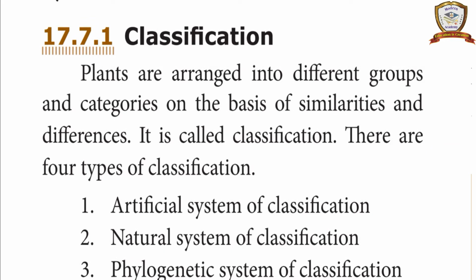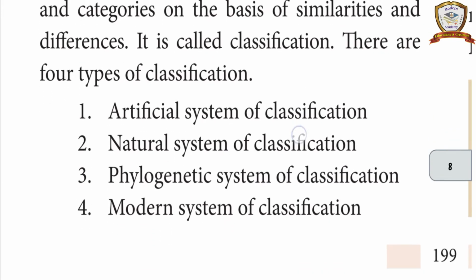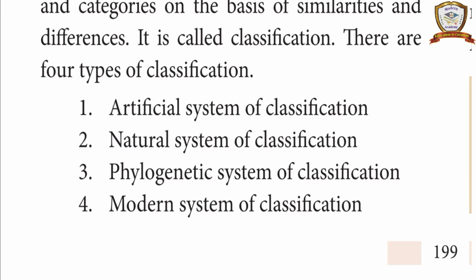Classification. Plants are arranged into different groups and categories on the basis of similarities and differences. It is called classification. There are four types of classification: artificial system of classification, natural system of classification, phylogenetic system of classification, modern system of classification.